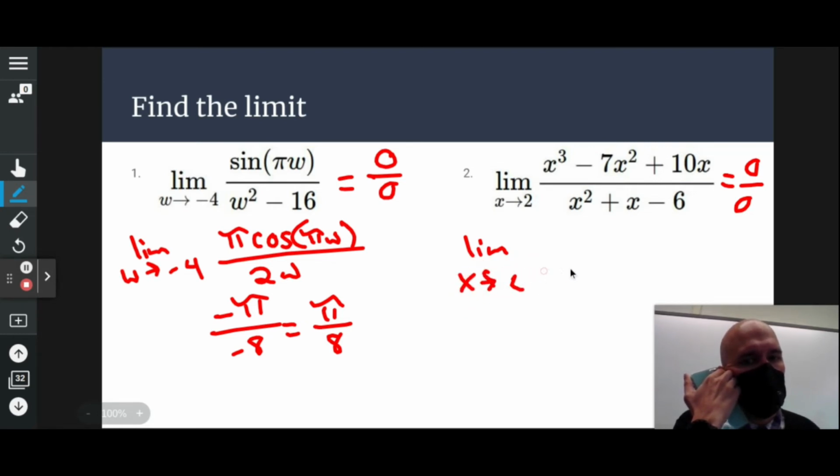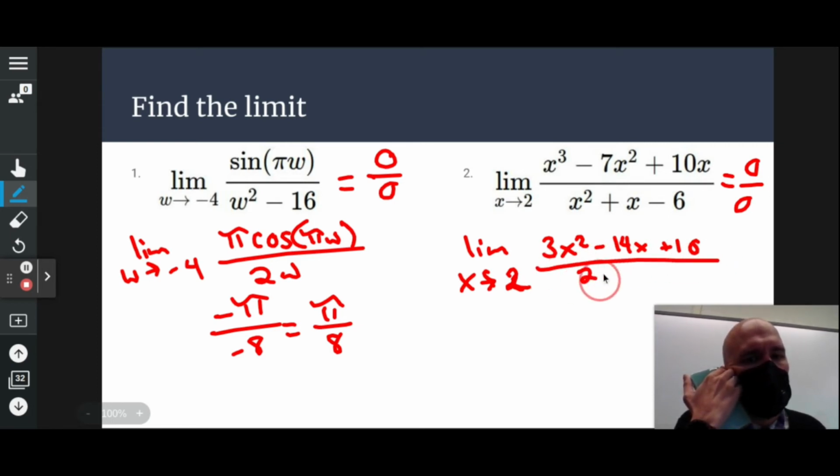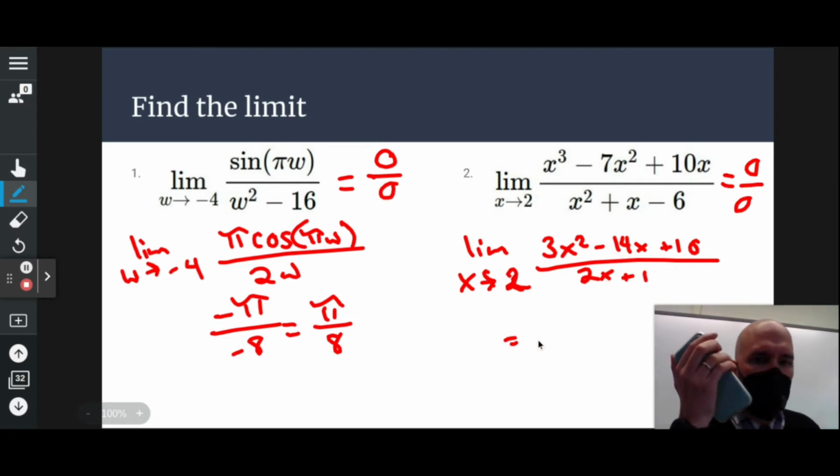The derivative is going to be 3x squared minus 14x plus 10 over 2x plus 1. And this should work out just fine.